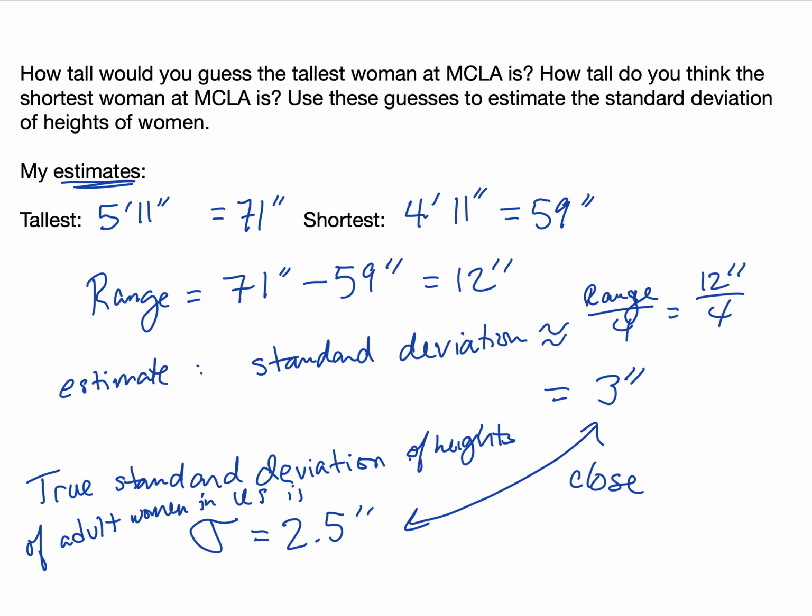Even though not every single adult woman has been measured and put into some massive database, there are still enough values taken over time that we accept what we consider the population mean of about 5'4", or 5'3.7", and a population standard deviation of 2.5 inches.